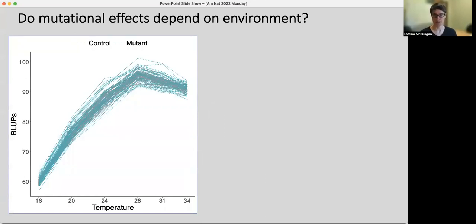This is the model corrected, smoothed representation of those thermal performance curves for all 50 mutant and 50 control families. You can see that there doesn't look like there's a lot going on.